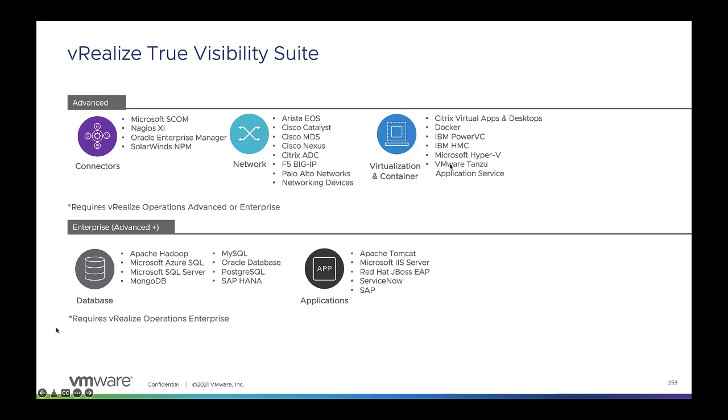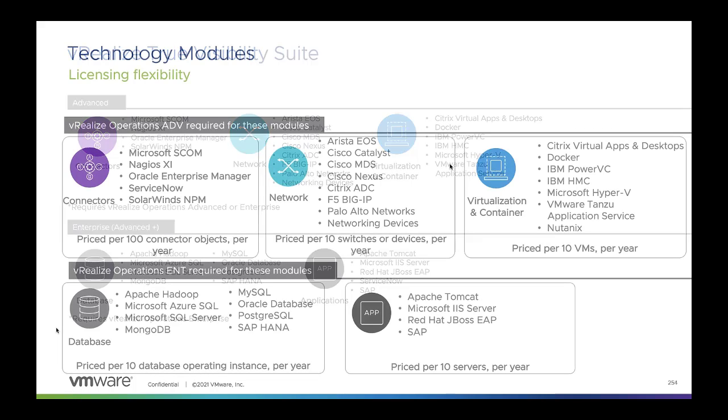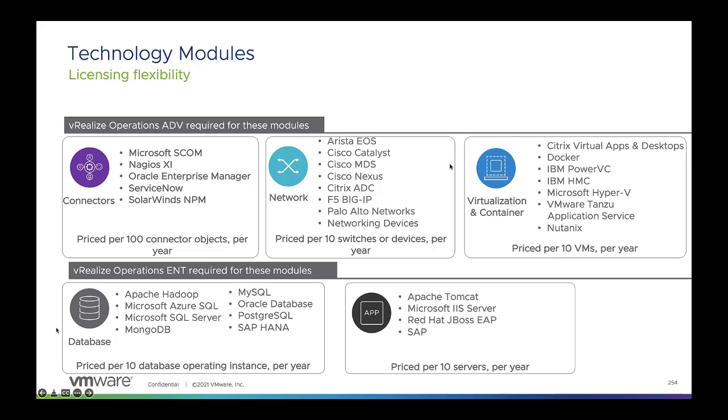Now, the advanced tier here does require vRealize Operations Advanced or Enterprise, and the Enterprise tier requires vRealize Operations Enterprise. Enterprise does include Advanced as well, so that Enterprise tier does include everything on the screen at the moment. Now, there's also another option here just for the sake of flexibility. If someone did not want to purchase a whole tier, we can go through and pick out technology modules as well.